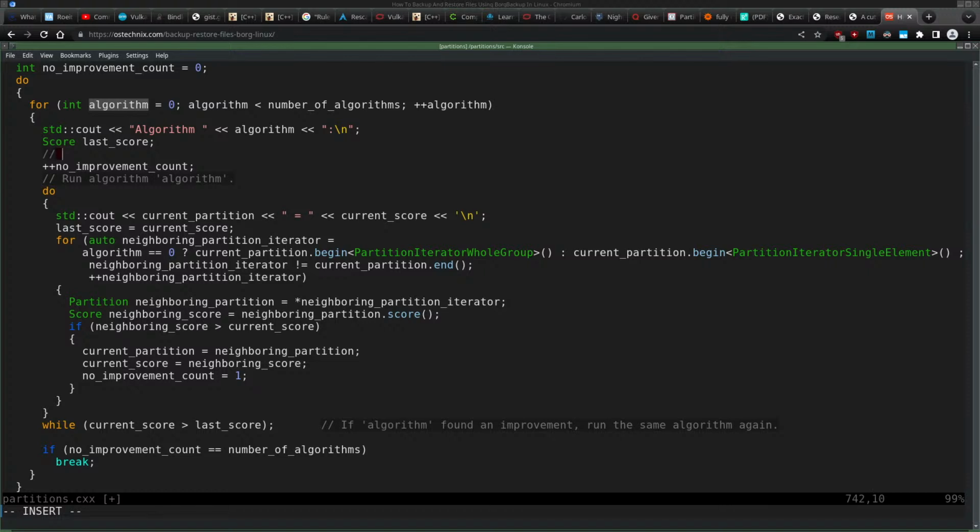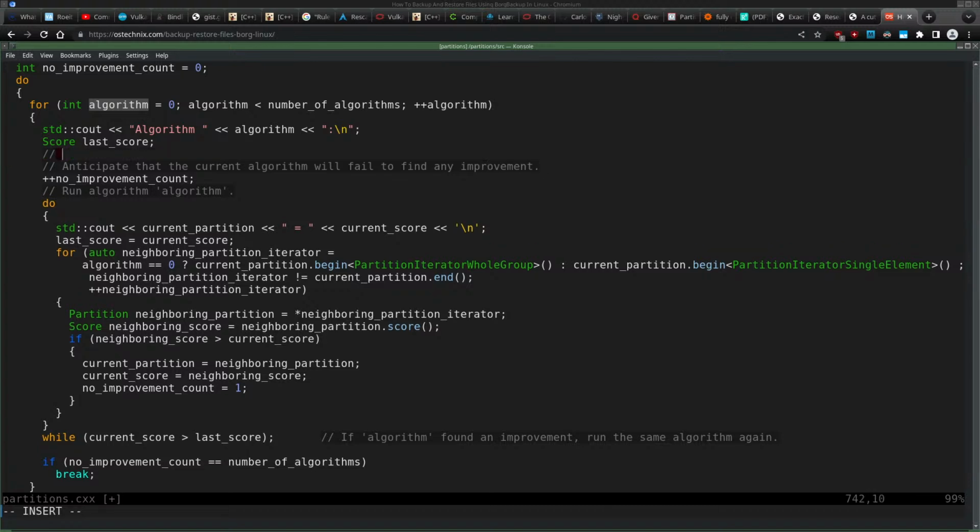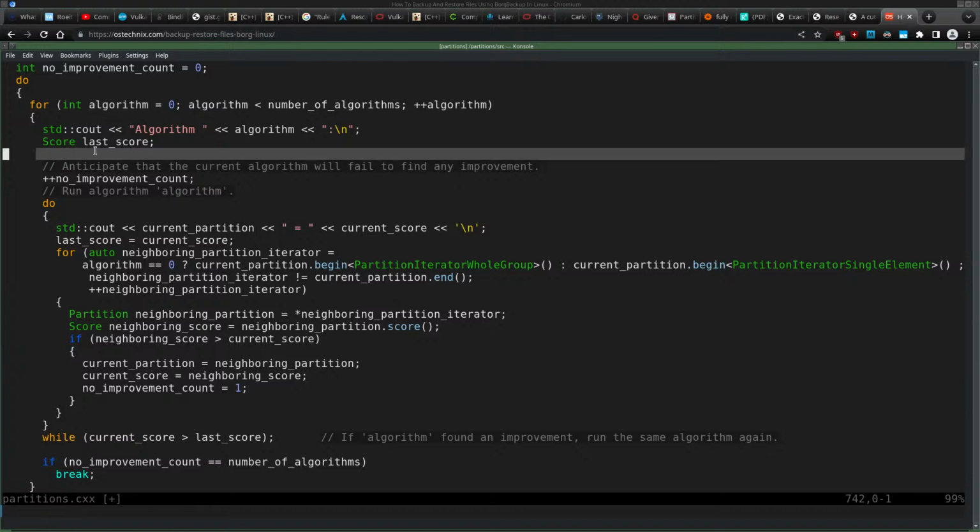So this is more like anticipating that the current algorithm... so it's more like if at this point here the previous algorithm did not find an improvement, then the improvement count should be 1.